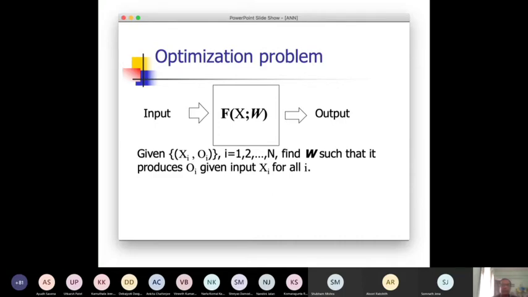If I give you a labeled set of data, that is, the input-output specification of the data, where xi and yi are given, we have to find W such that it produces y.